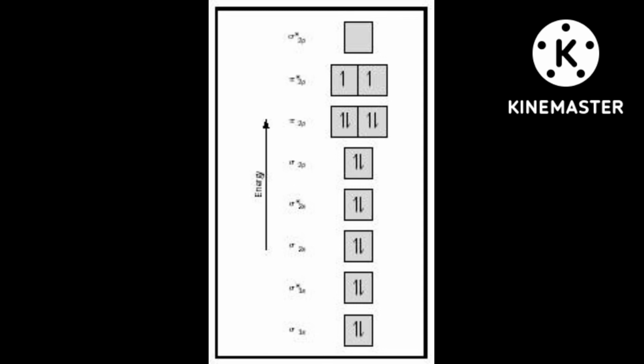Then just like 1s atomic orbitals on 2 atoms form 2 molecular orbitals designated as sigma 1s and anti-bonding sigma 1s, these are the 2 molecular orbitals, bonding and anti-bonding.